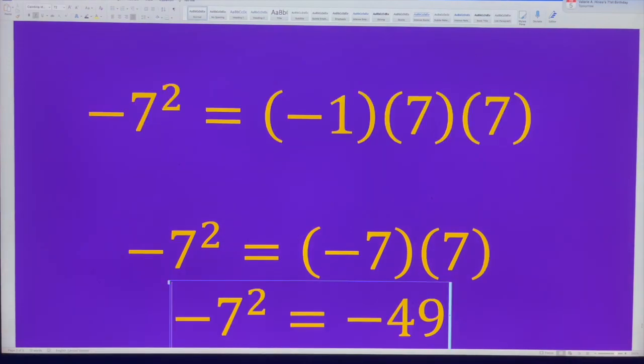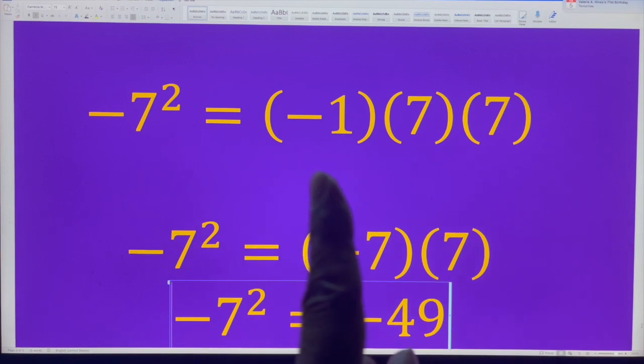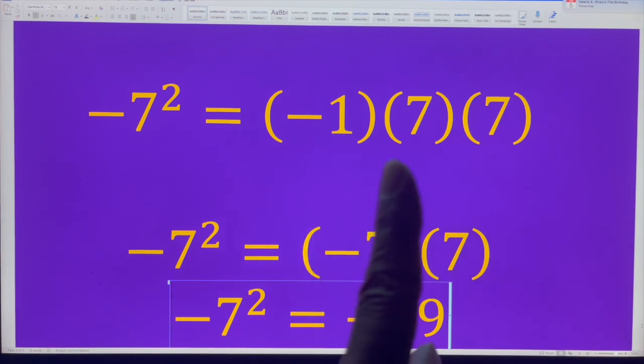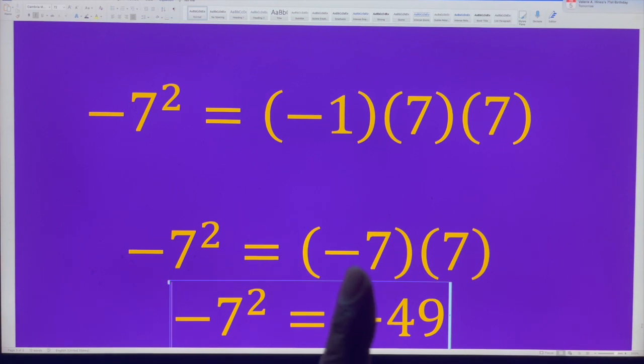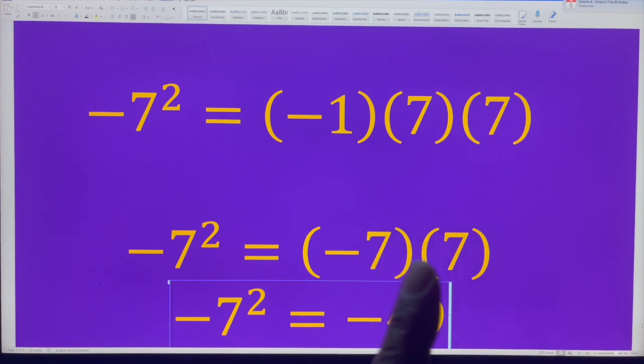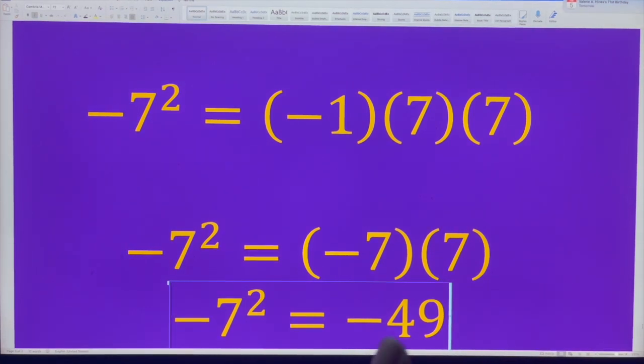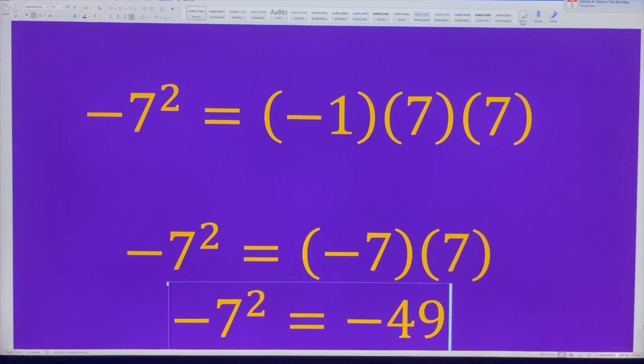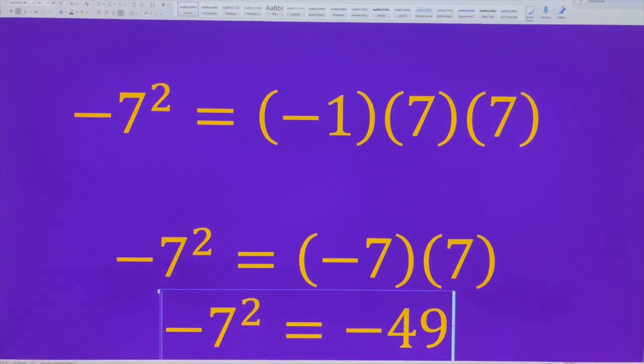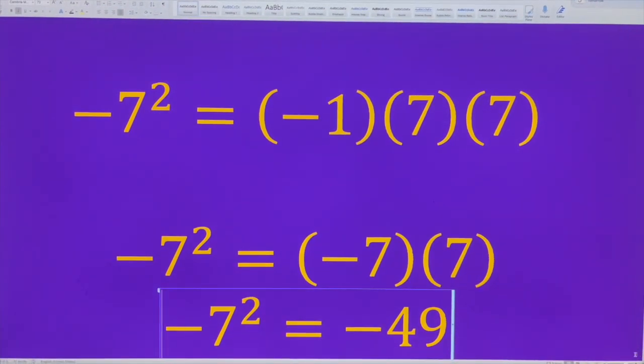So you multiply it out. Negative 1 times 7 would give you a negative 7. Again, I'm assuming that you understand how to multiply integers. And then negative 7 times the other 7 gives you a negative 49. So for this expression right here, let me get that box out the way if I can.